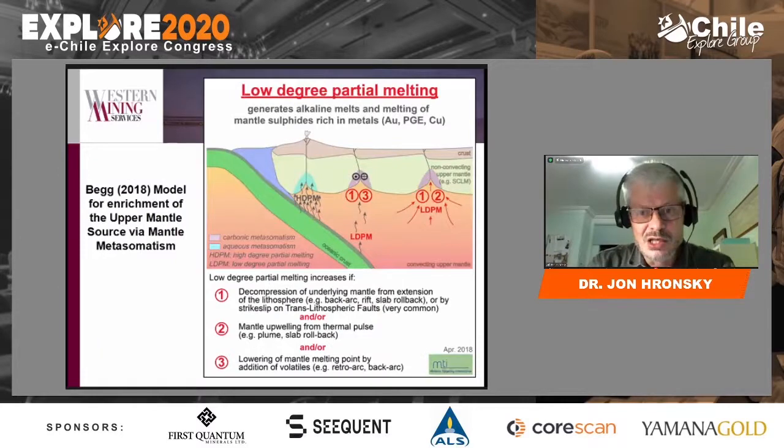So what this slide is just illustrating is the various processes by which we can metasomatize the upper mantle. So that's the key requirement for static fertility. And it can be low degree melting under an arc, the rearward parts of an arc. It can be low degree partial melting coming out of the convecting mantle.